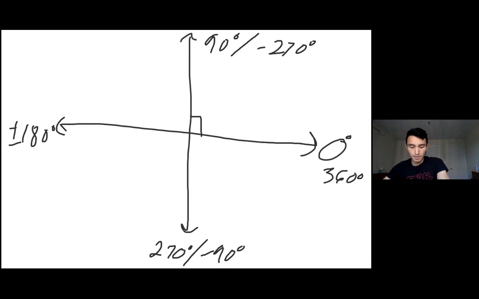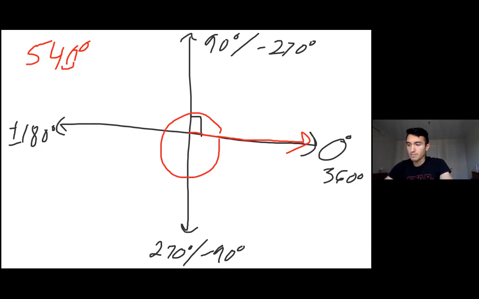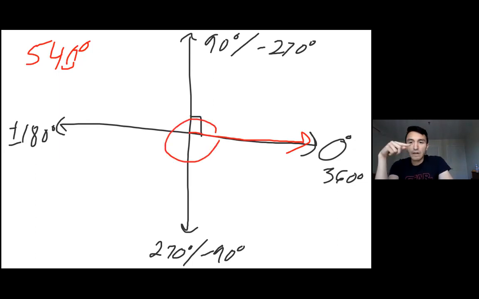And then we could do another one. Let's actually do like 540, right? So you can of course have more than 360, because what that means is you draw your initial side. We're going to 540. So one full rotation is back to 360, okay? And so we're gonna make sure we draw that. To get to 540 is just 180 more, right?